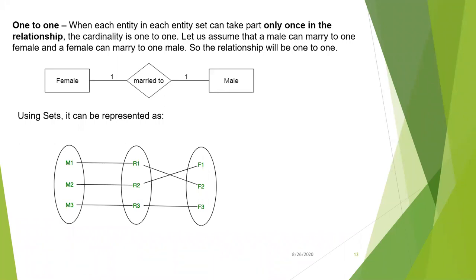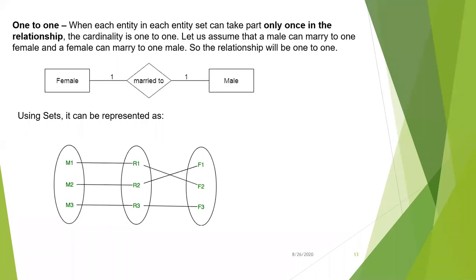According to our Indian tradition, one male is married to one female, or one female is married to one male. Here on the left side is a female, so only one female, and we are making only one relation, called married, to only one male.